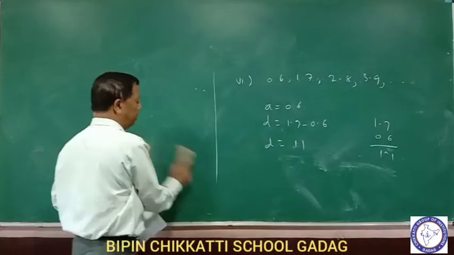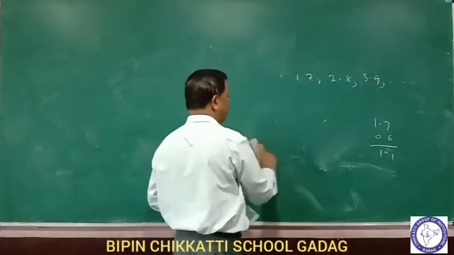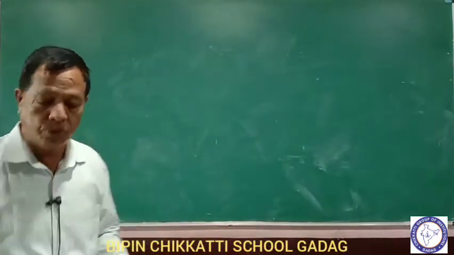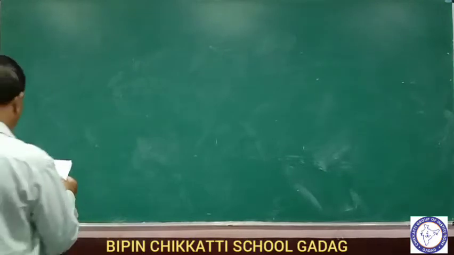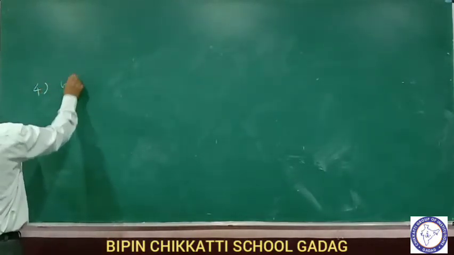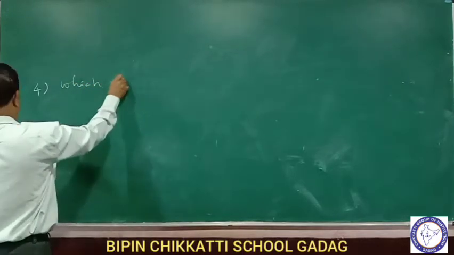Now, one more, the fourth one, and thereby you can see how to find the answer. What is the fourth one you see now here? That fourth one you check up. Which of the following, very important.